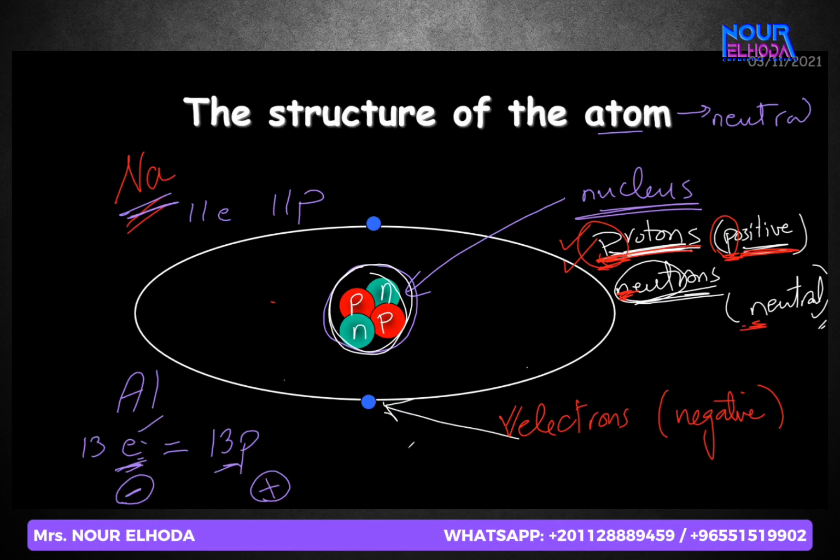Let's say it has 5 positive, it also has 5 negative. Since the positive charge is equal to the negative charge, I'm going to say it is neutral. Easy?